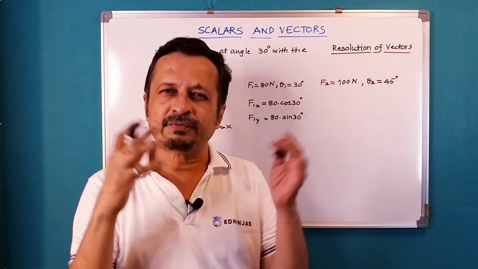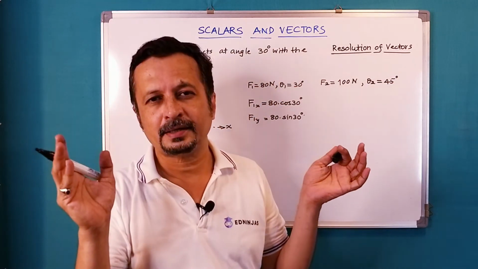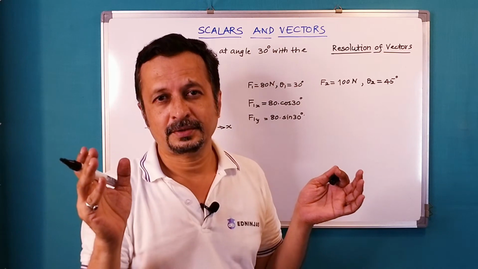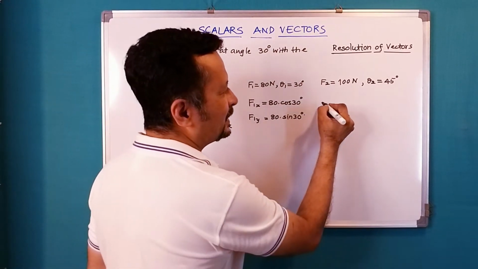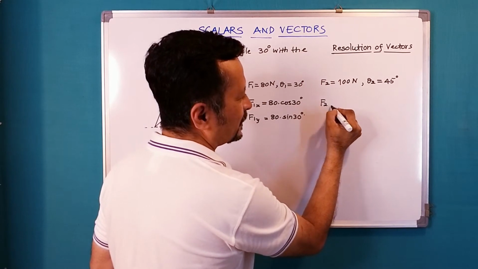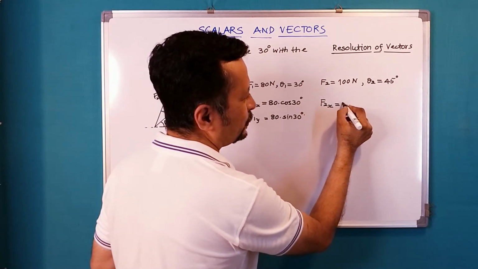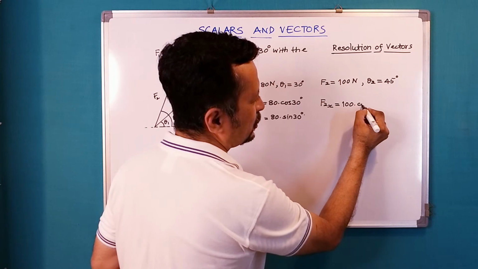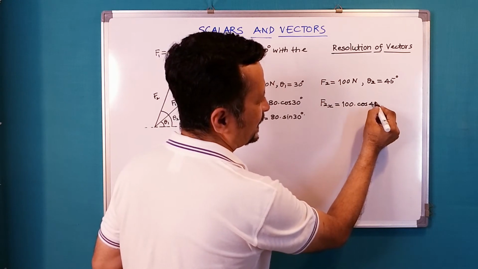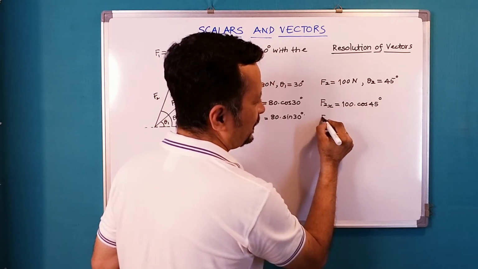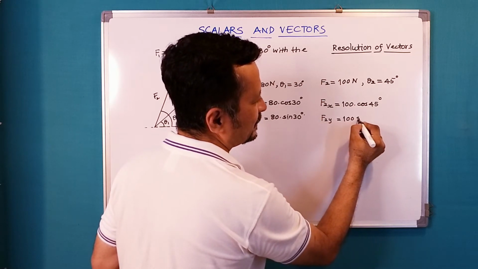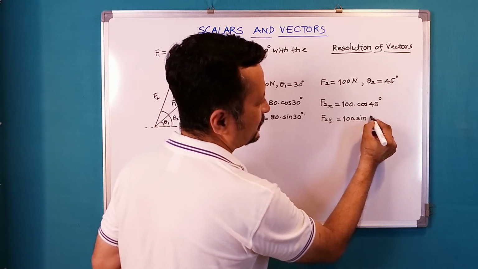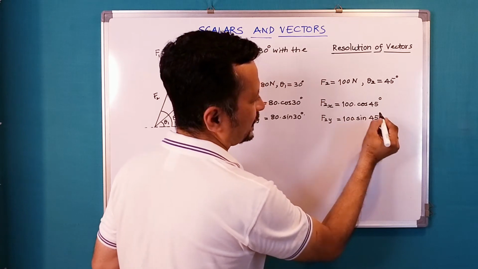And theta 2, let me take 45 degree. These angles, 30 degree, 45 degree, 60 degree, are convenient, isn't it? So I'm taking 45 degree. So again, F2 x is equal to 100 cos 45 degree, and F2 y is equal to 100 sine 45 degree.